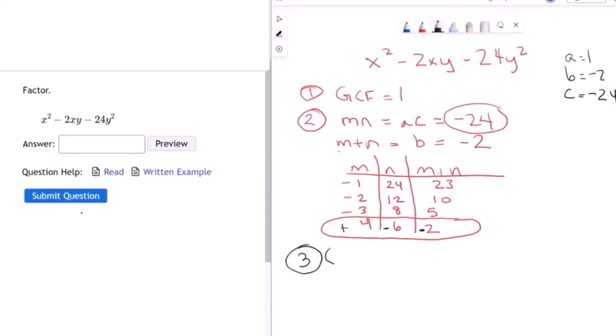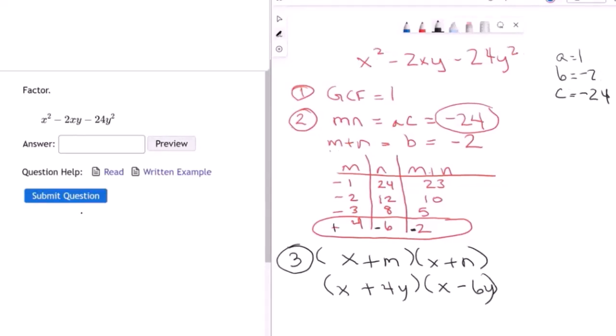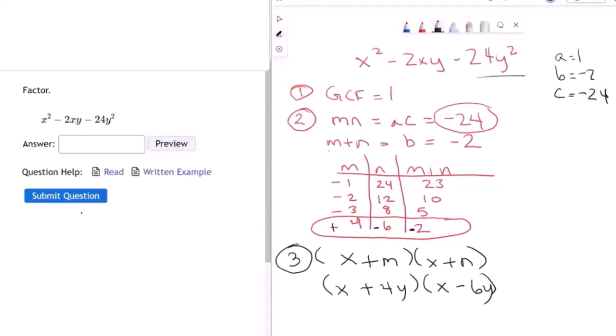Step 3 is going to be x plus m times x plus n. What I have is x plus 4 times x minus 6. Except this will give me everything but the y's, won't it? Do this. This now gives me -24y squared, doesn't it? First times first is still x squared.